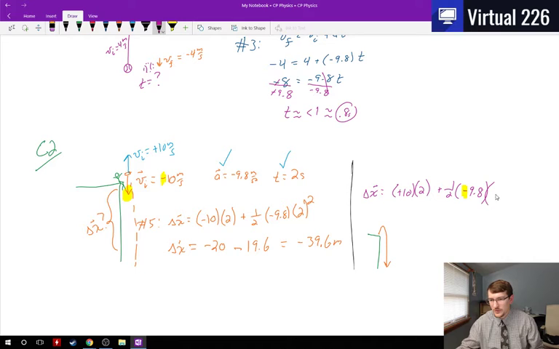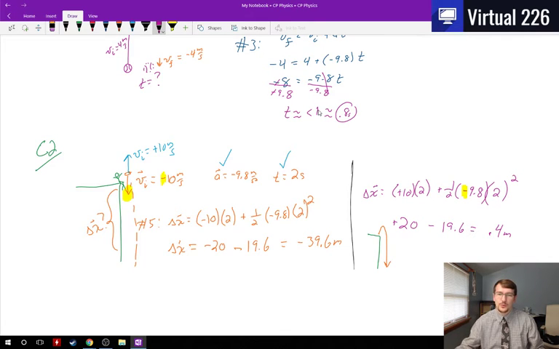We can save the world, times t squared. You'll get a different number here. In this case, you'll actually get 20 positive minus 19.6, which means that your cliffside was actually only 0.4 meters high, which means you were maybe on like the 3rd step at your house.